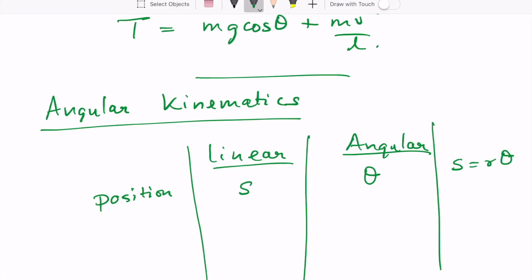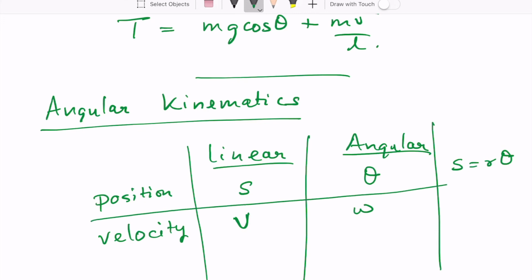Now if you consider how fast the object is moving along the circle, the linear measure of its velocity would be the tangential velocity, and the angular measure of its velocity would be the angular velocity, omega. And we saw that the relationship between these two quantities is v is equal to r omega.